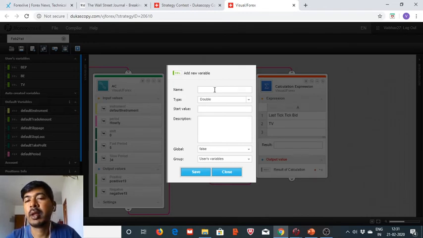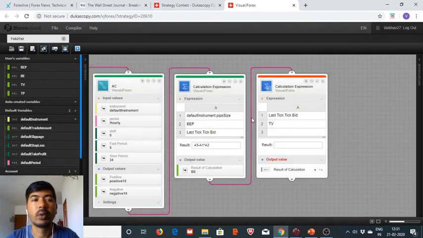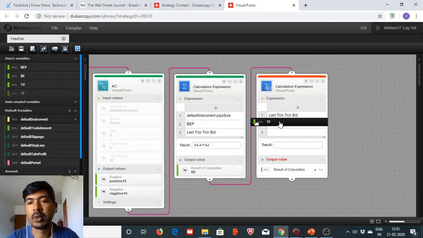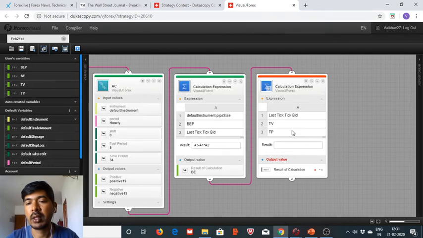Suppose later on we want to reduce the time to only half an hour, we just have to reduce it. Here we write time period, and here it is 1, so it will be like 1 hour, and we do the product of the TV and TP, and then we add it to the last tick price.